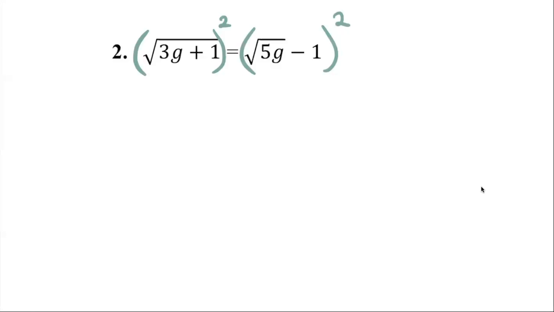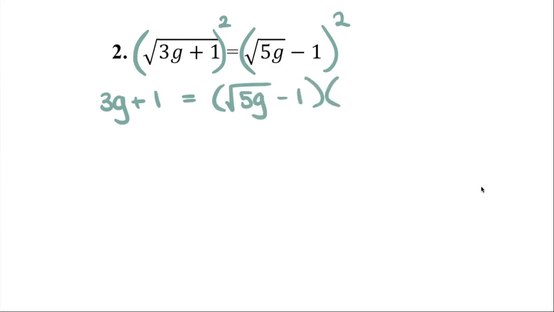And on the left, I'm left with just 3g plus 1. On the right-hand side, I'm going to need to do a little more work. I need to actually multiply that rad 5g minus 1 times rad 5g minus 1. Okay, so let's FOIL this out.